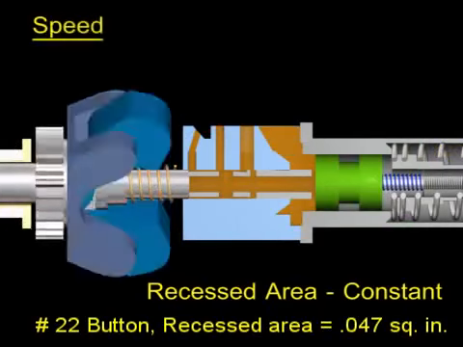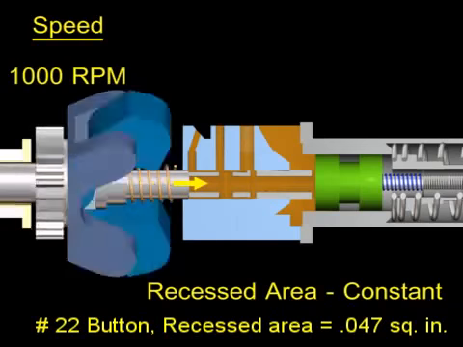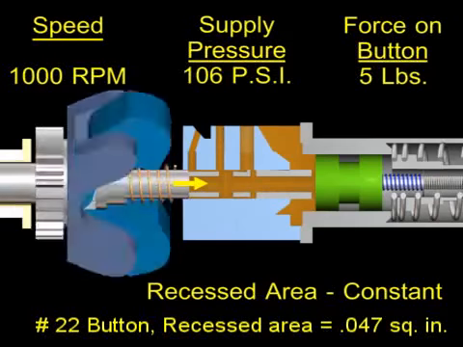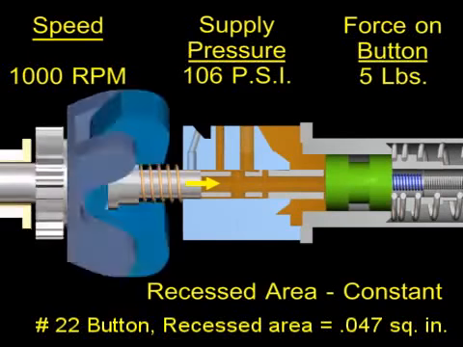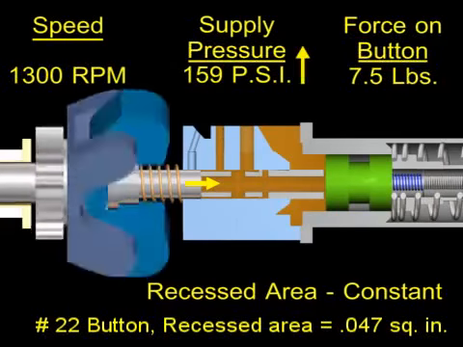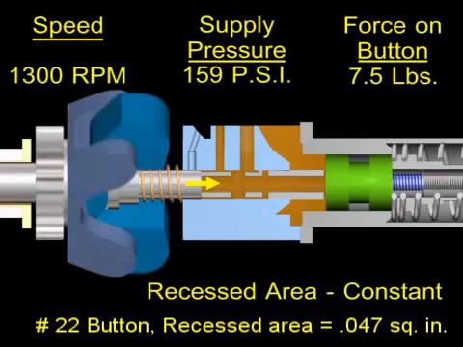Also, with a given recessed area, any change in plunger position will change the force on the button and change the supply pressure. Increasing speed changes the plunger's position, increasing the force on the button, which raises the supply pressure.